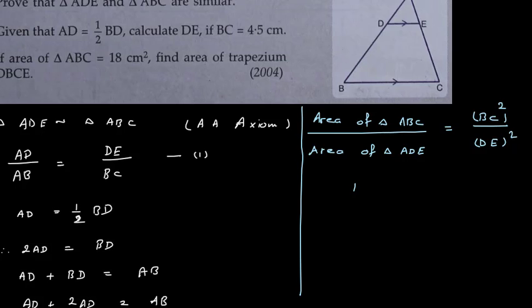So here it is 18 divided by area of triangle ADE.